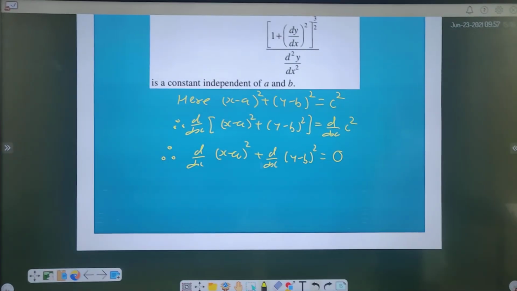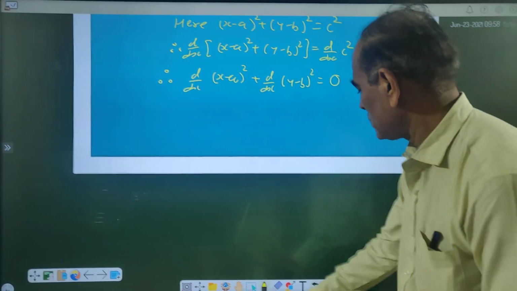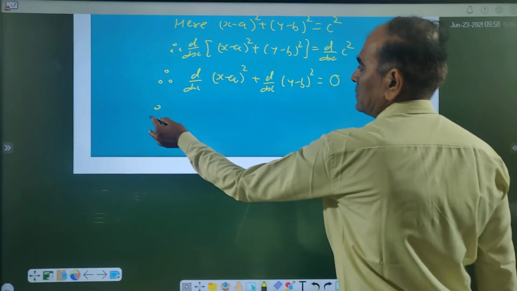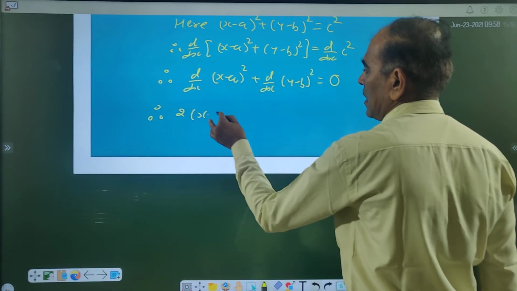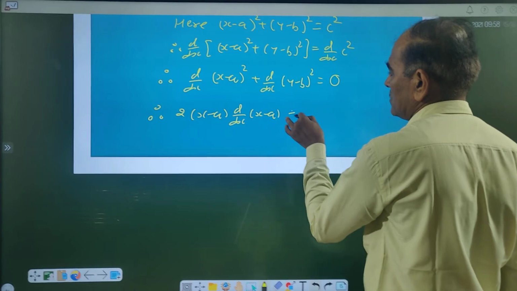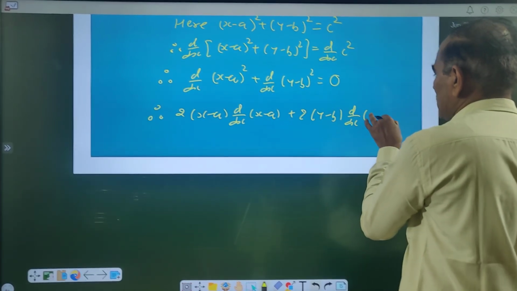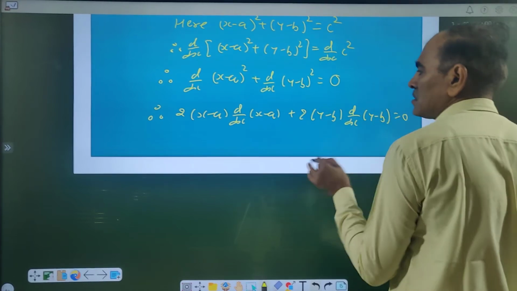Because it is a constant term. So what we get here? 2 times some function, d by dx of some function, plus 2 times some function, d by dx of some function, is equal to 0.